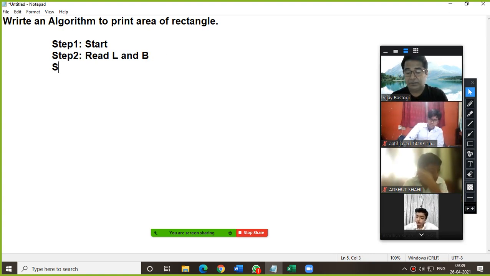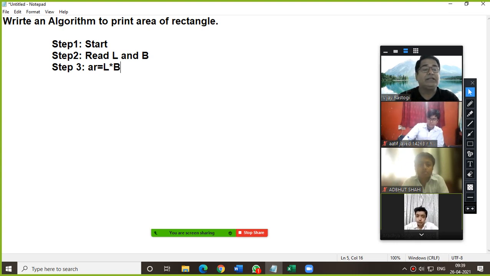Step 3 will be area equals to L into B. You can write calculate also, or directly you can write AR equals to L into B. So this AR is a variable in which we are storing the area of the rectangle.